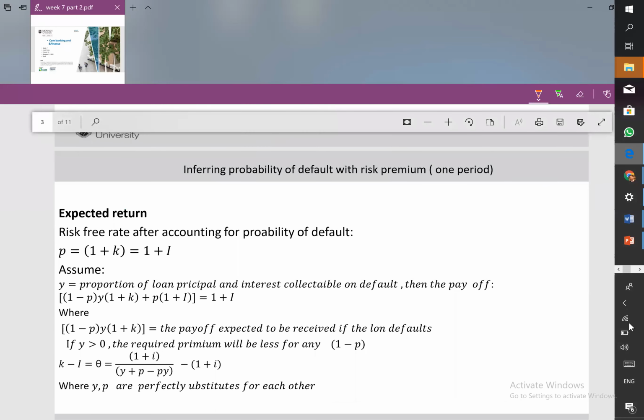So actually, as I said, B times 1 plus K equals 1 plus I, which we agree about.